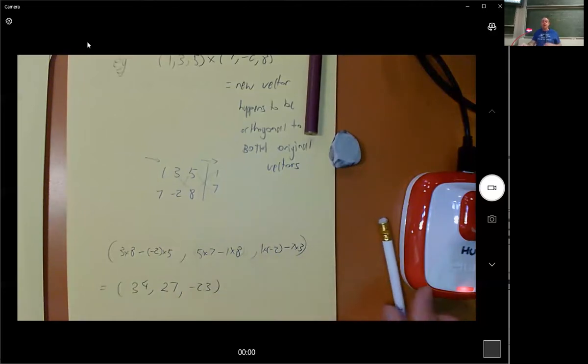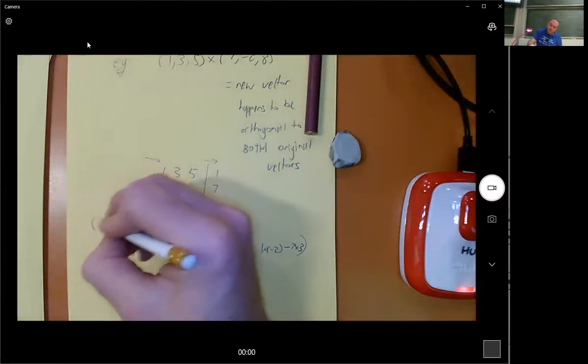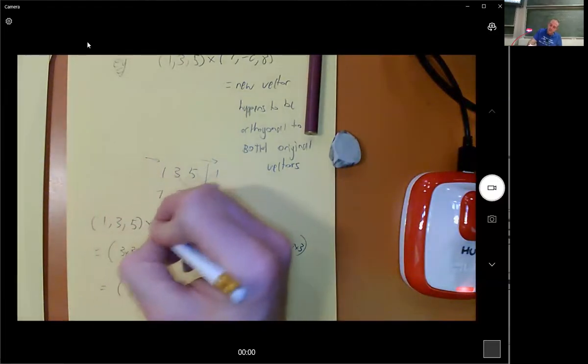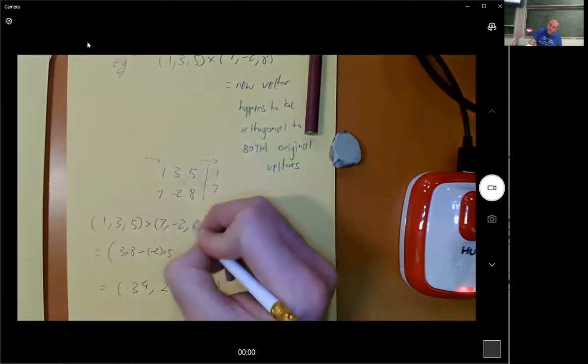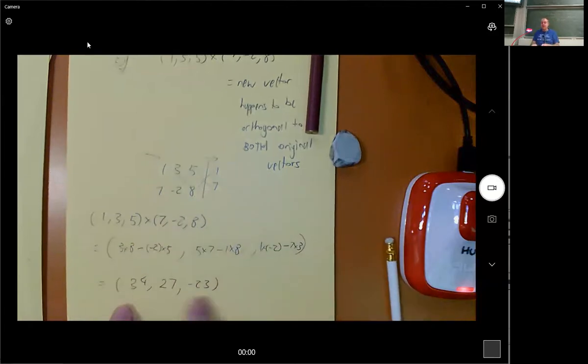So you'll notice that when you do the cross product, you tend to get the numbers being bigger. And that's because in the same way as the dot product gets bigger if the vectors are longer, it's the same for the cross product.